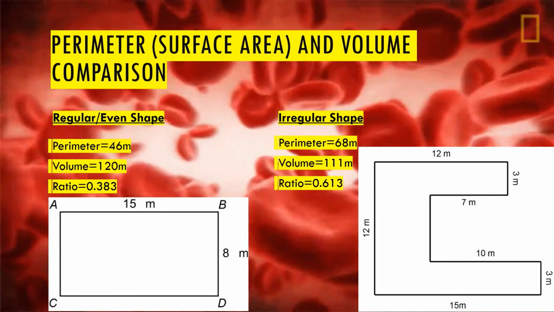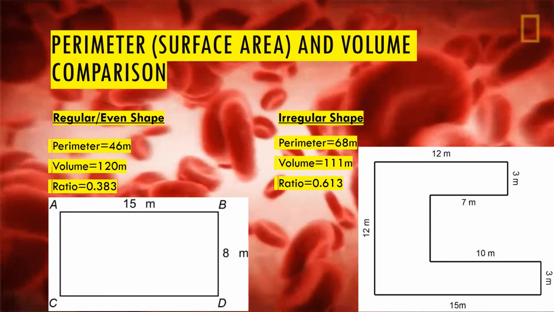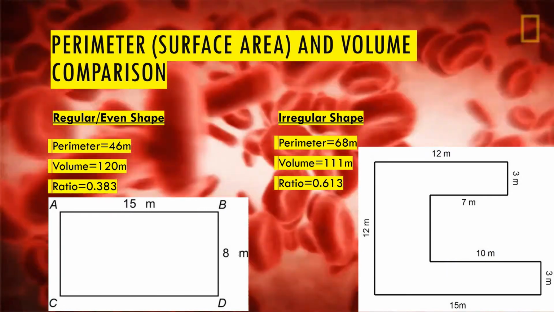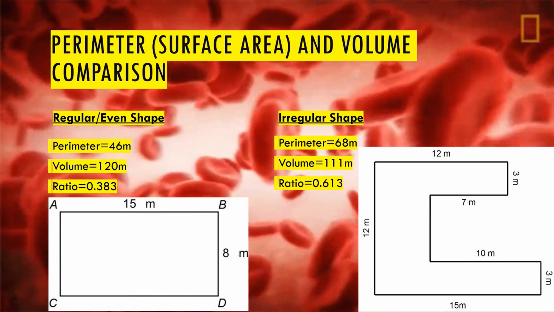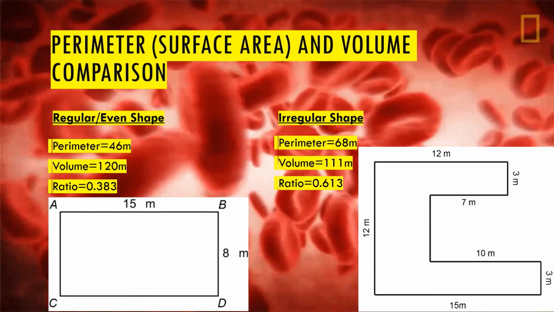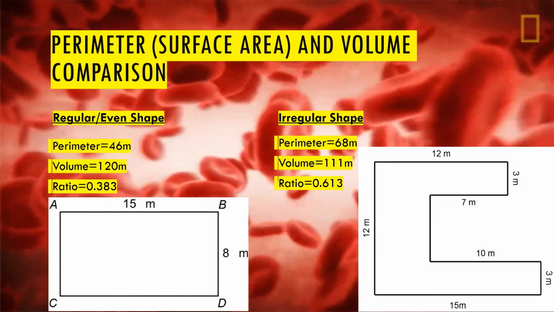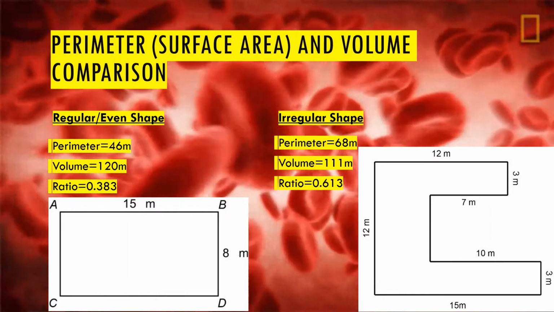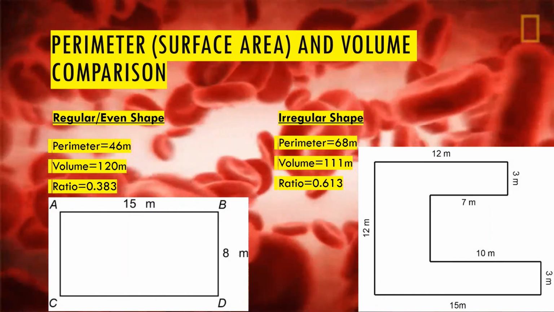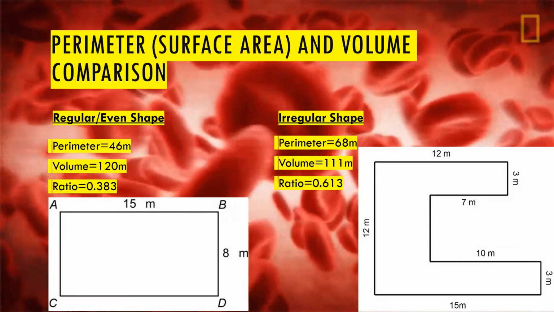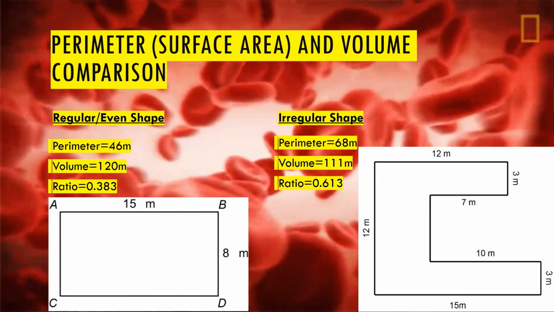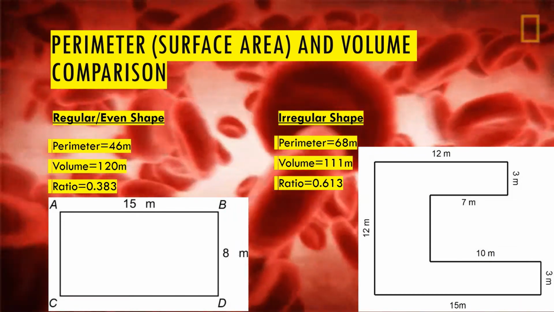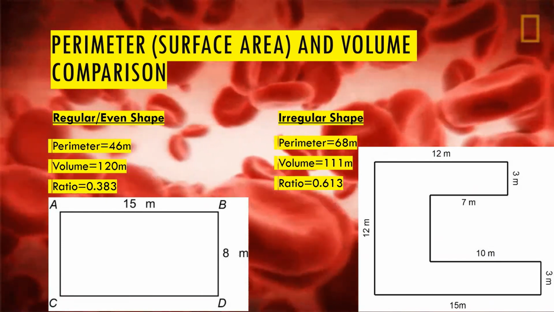With the regular rectangular shape, you end up getting a ratio of 0.383. While with the irregular shape, because there's so much more perimeter per volume, you end up getting a higher ratio, almost double, of 0.613.